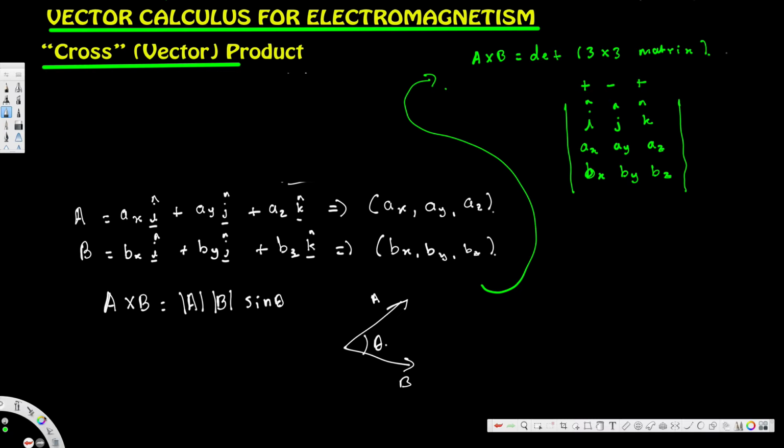Let's look at the determinant for a 2 by 2 matrix. If we have a, b, c, d, the determinant is equivalent to ad minus bc.